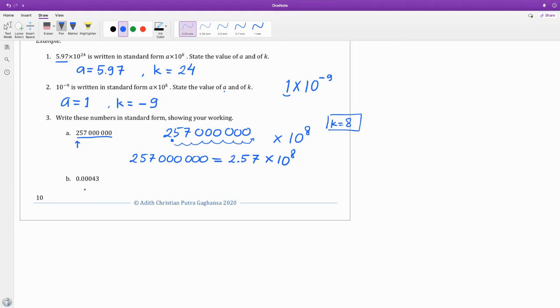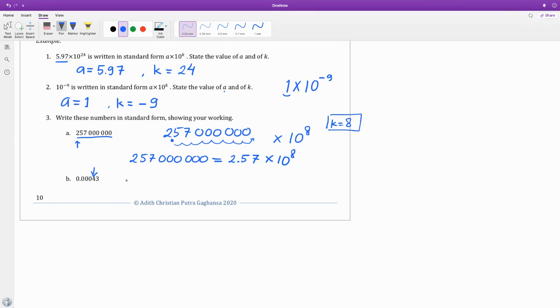Now we have a very small number, 0.00043. Remember, the first thing we need to find is the first significant figure. In this case, we have 4 as the first significant figure.